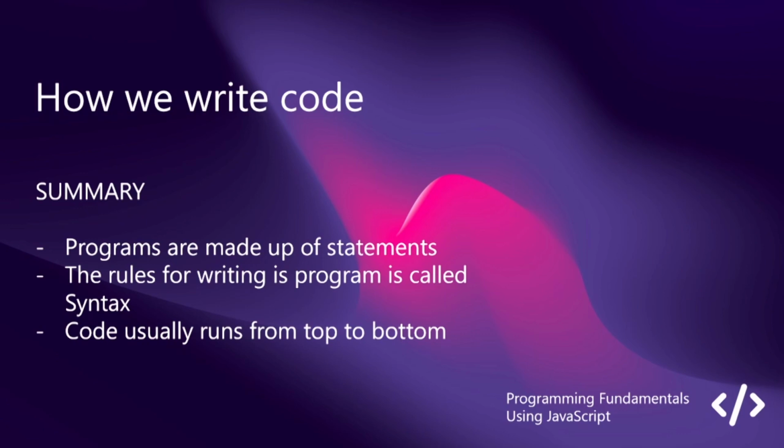You have to follow the syntax for the computer to understand how it should execute the program, so those rules are very important while creating programs. And also, code usually runs from top to bottom, so the statement that comes first will usually be executed before the statement that comes after it.